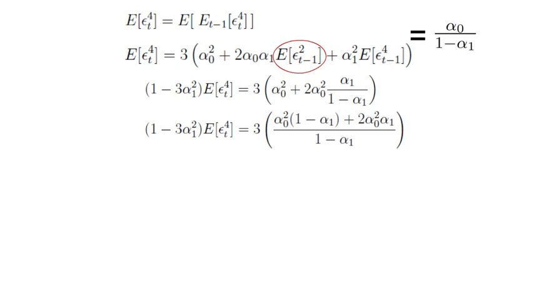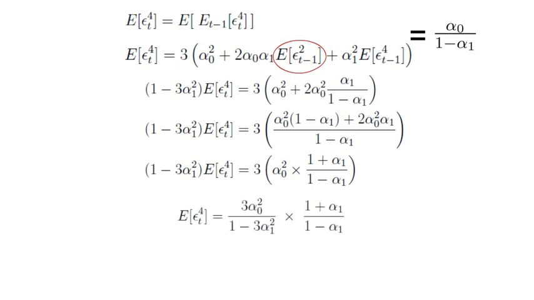And that expression we also rewrite in a nicer form so that we get the following equality. So the last thing we now do is we solve explicitly for the unconditional fourth moment of epsilon. And that gives us, it coincides with 3 alpha 0 to the power of 2 divided by 1 minus 3 alpha 1 square times the ratio of 1 plus alpha 1 over 1 minus alpha 1.